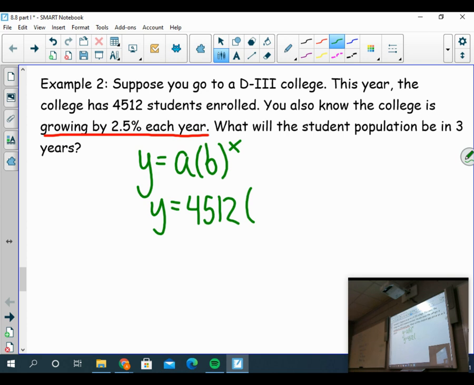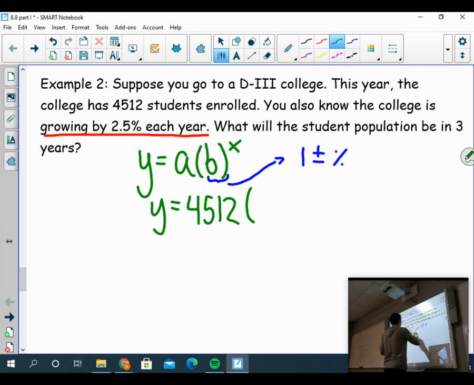When we are increasing or decreasing by a percent, when exponential growth or decay is happening, we replace our B. Remember, the little thing we do is we rewrite B as 1 plus or minus the percent amount. This makes sure that we don't forget to account for the original. Again, if you want more details on that, you can watch the 8.8 part 1 instructional video.